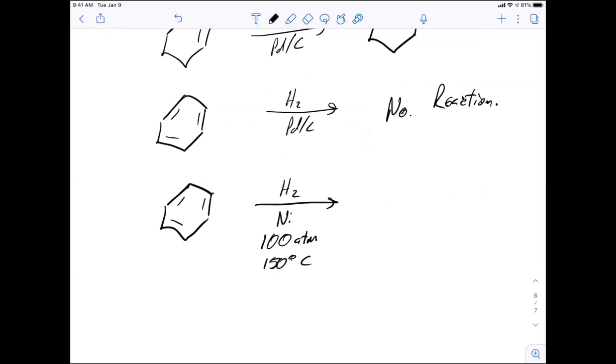So high temperature. So this is what we call a bomb type reactor. Bomb not meaning explosion, but meaning keeping it from exploding. So we're going to put this under high pressure. Under these intense conditions, we can get this to react. And that's going to be a theme that we see with benzene reactions. Because of their aromatic stability, we're going to see the increased need for different reagents.